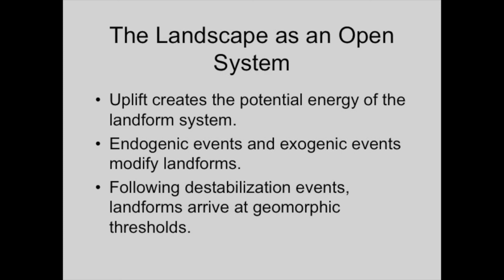Then the last stage is destabilization events, in which landform systems are attempting to reach a geomorphic threshold. A geomorphic threshold is the point at which there is enough energy within the system to overcome material resistance, or the resistance material has to movement. In a sense, landscapes are always trying to rebalance themselves.